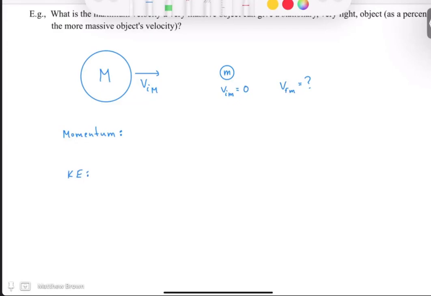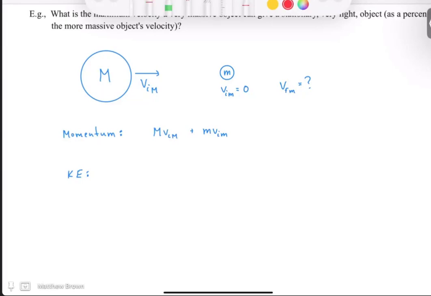Right? And so the equation for momentum would just be, I guess since I'm writing them this way, the momentum before equals the momentum after. So that would be big M V initial of big M plus little m V initial of little m.